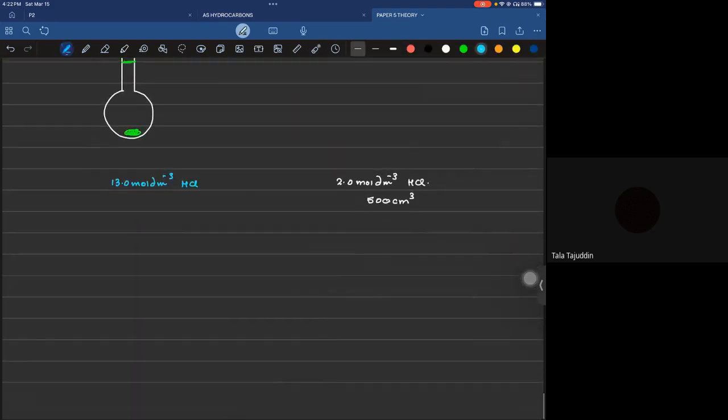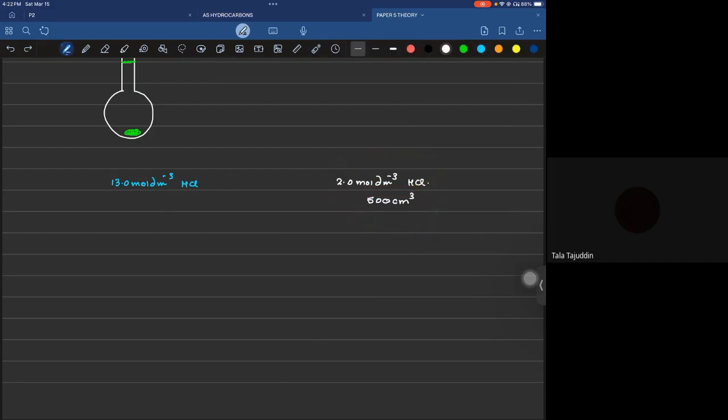But how much volume of 13 mole per dm cube HCl solution should I take to make 500 centimeter cube of HCl solution?